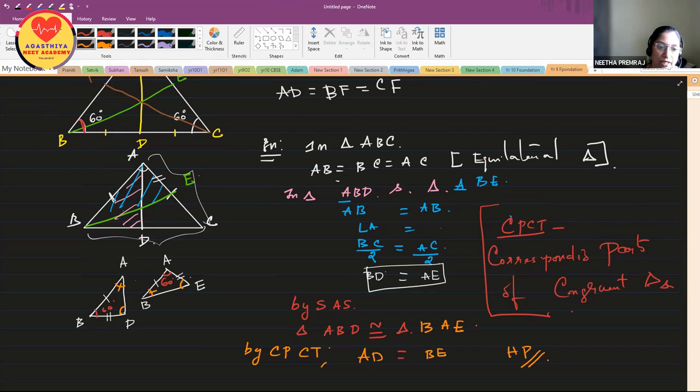So what is left? These two measures are equal. Obviously, AD must be equal to BE. That you need not make a note of. If we do two or three sums, you will be fine.